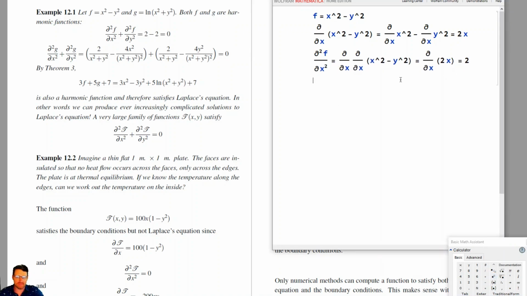Now similarly, for the partial derivative of f with respect to y, I'll just change these letters here. For the first partial derivative of this function with respect to y, we have minus 2y. If we differentiate that again with respect to y, then we have minus 2. Alright, now adding those two together is 2 minus 2, which is 0.